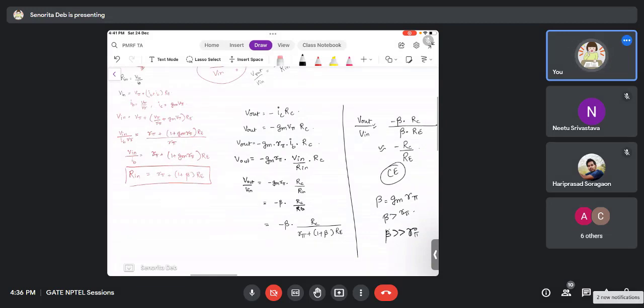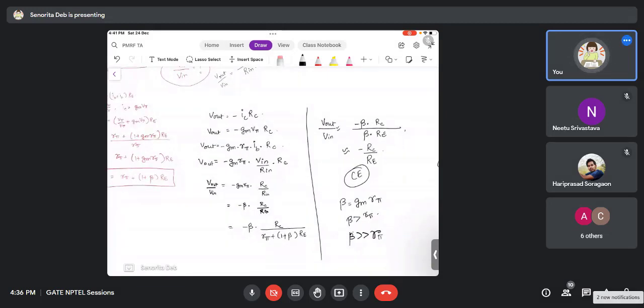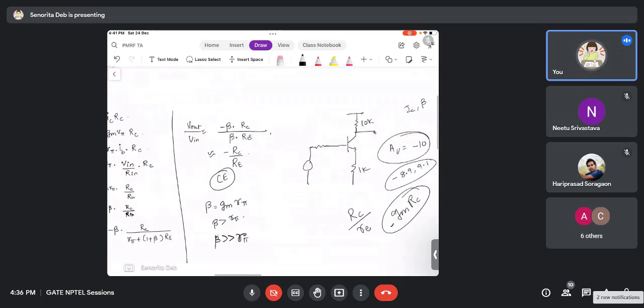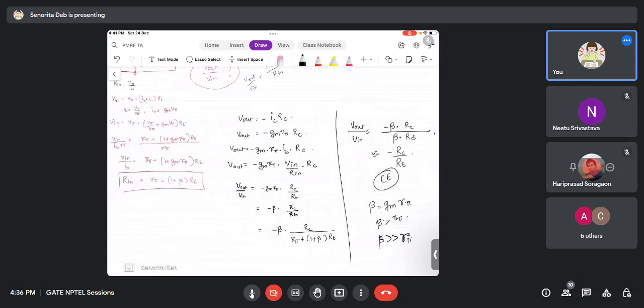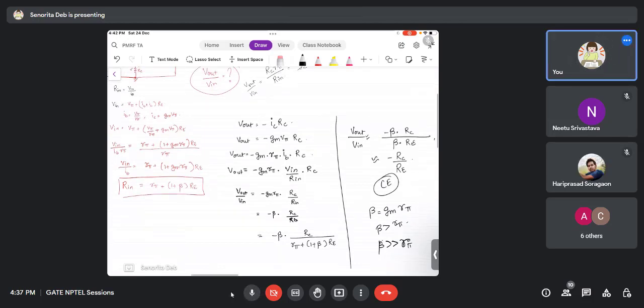After this I'll take the output impedance. So just go over this once and then we will move forward. I'm giving you 1 minute. Just go over this small signal model.